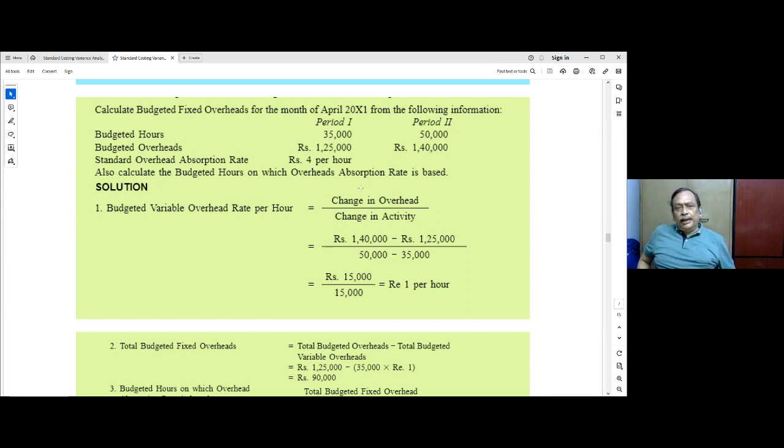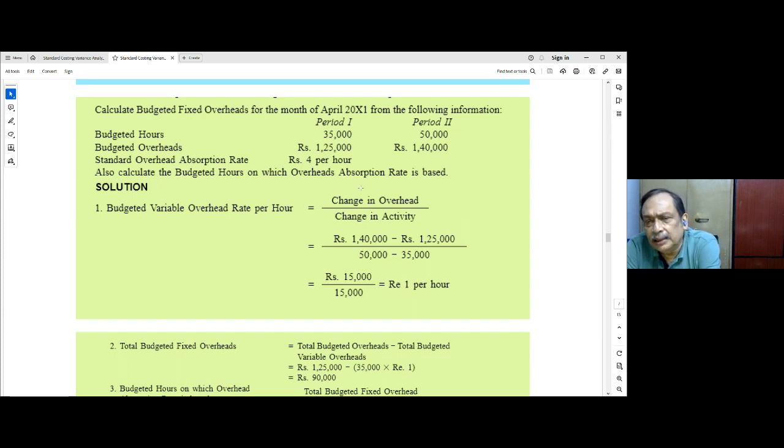We are calculating budgeted variable overhead rate per hour, which is nothing but change in overhead divided by change in activity level. As it is saying, highest level is 1,40,000 and the lowest level is 1,25,000. We make the difference, and make the difference of budgeted hours.